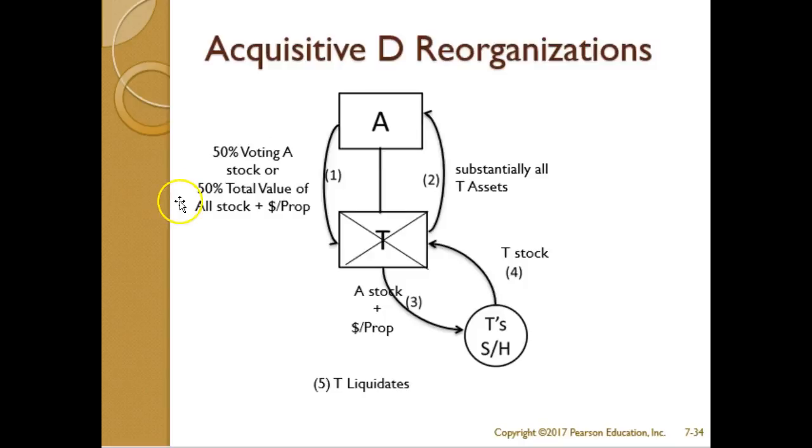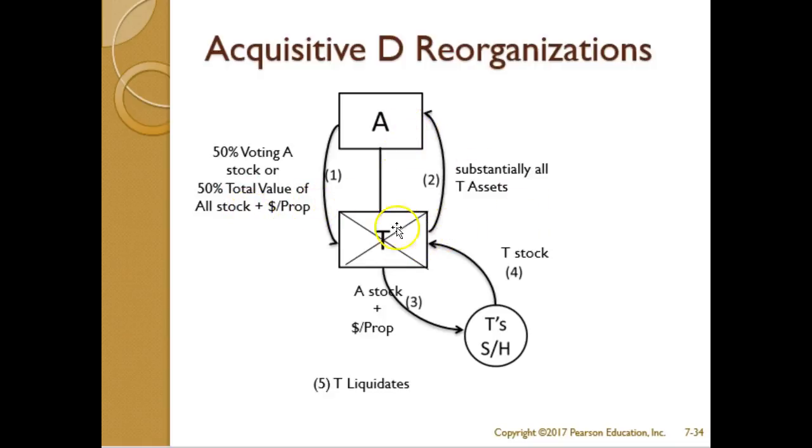So here's what an acquisitive type D reorganization looks like. 50% voting stock to the target corporation, and it has to be voting stock, and then 50% of the total value of all stock plus cash and property.